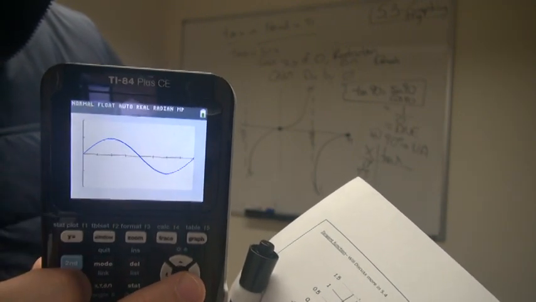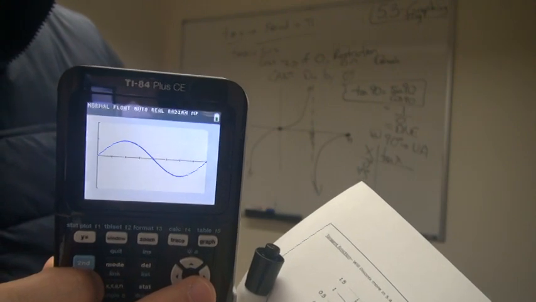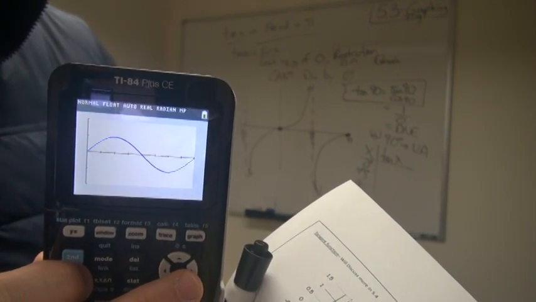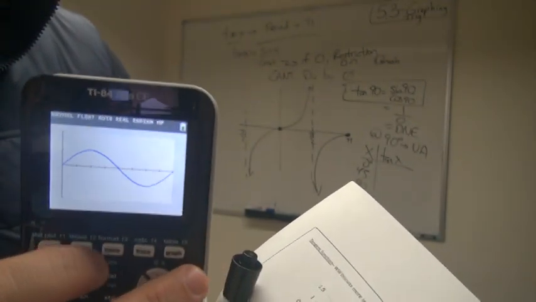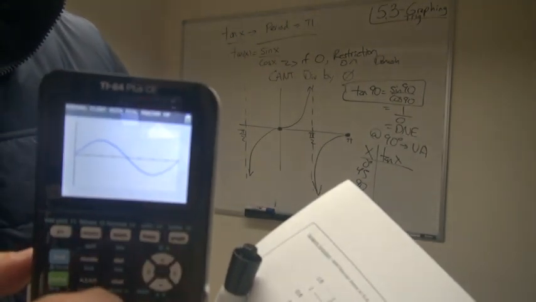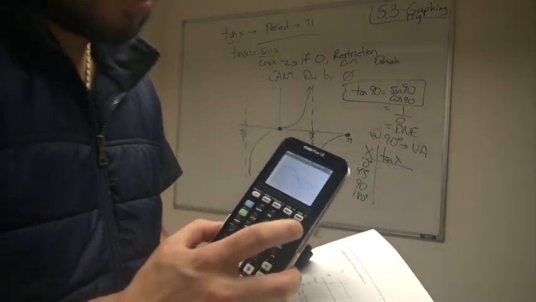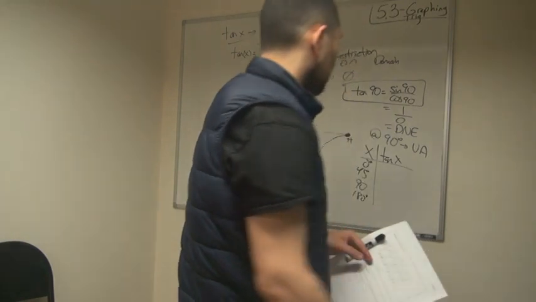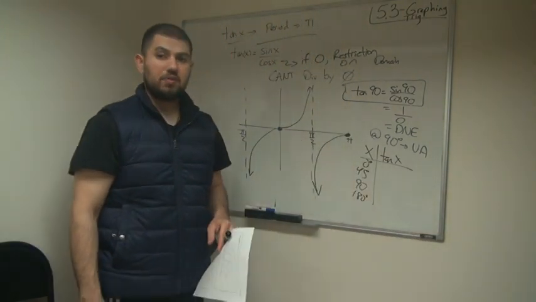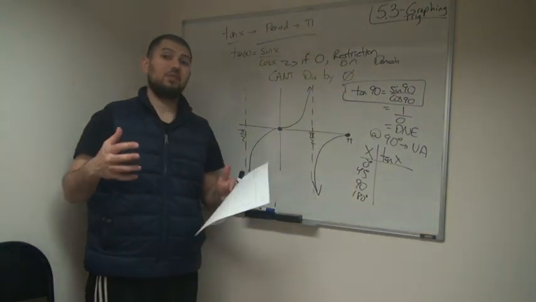So this tells you I'm going from x is 0 to x is 2 pi, in increments of 45 degrees on the x-axis, and I have a full up-down cycle of sine. So you can use your graphing calculators to graph sine, cosine, and tangent functions and various iterations.